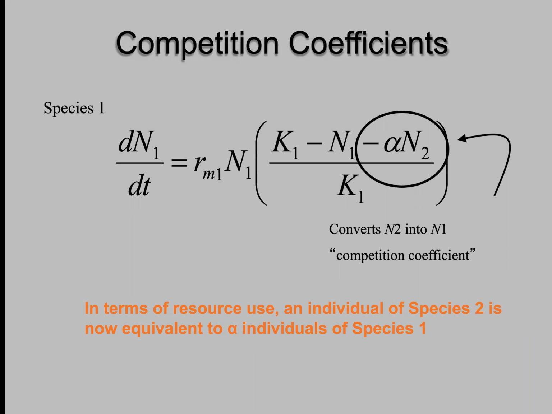So 1 over 100 is going to multiply by this. And if we've got a 1 over 100 function here, what's that going to do for our overall rate of change? That's what this is, dN1 over dt, change in population 1 over time. So if this becomes a smaller and smaller number, what happens to our rate of increase? Becomes smaller as well, doesn't it?